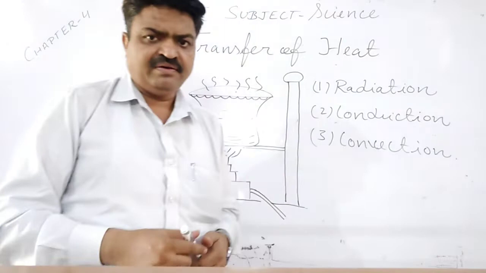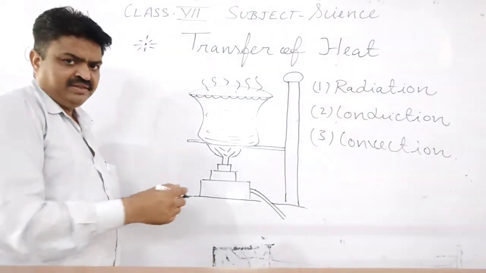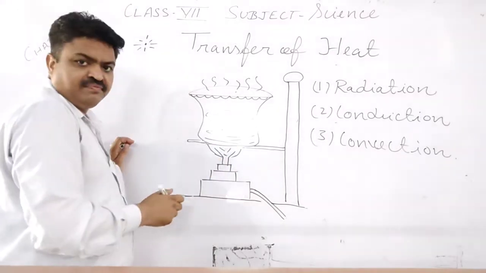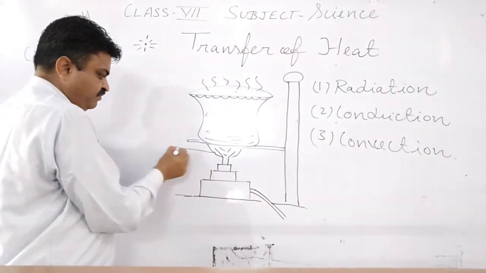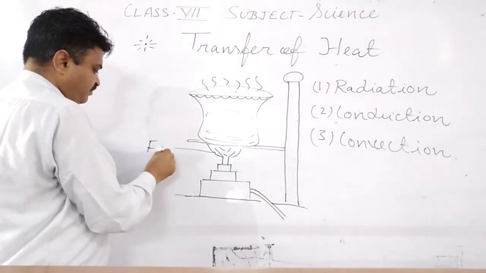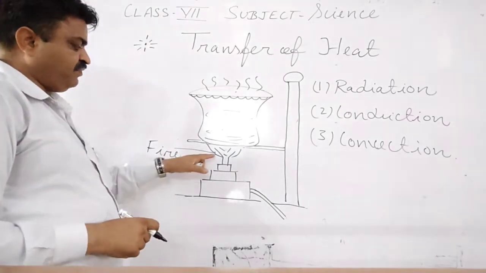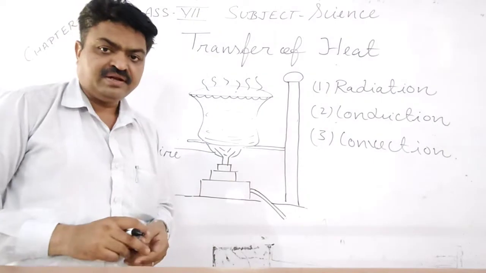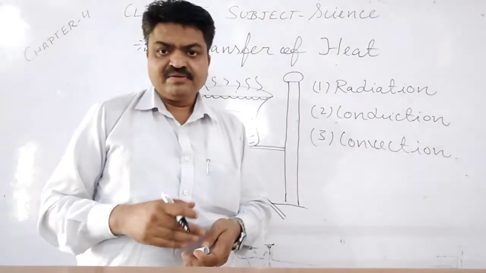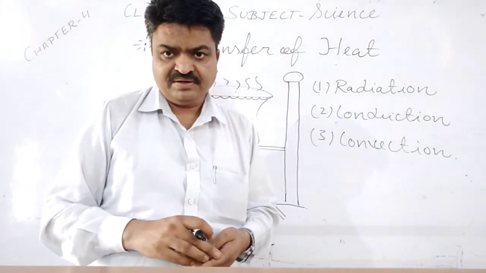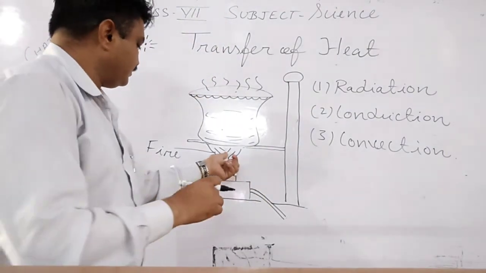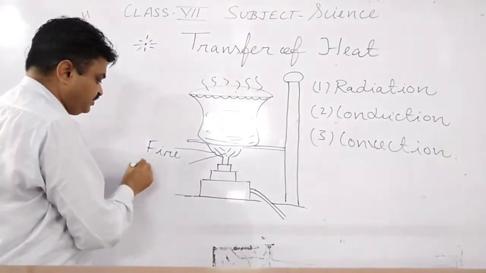Here I have drawn one diagram. In this, a pot is becoming hot with the help of fire. The fire is giving this pot radiation, which means the heat is being transferred here with the help of radiation, students.